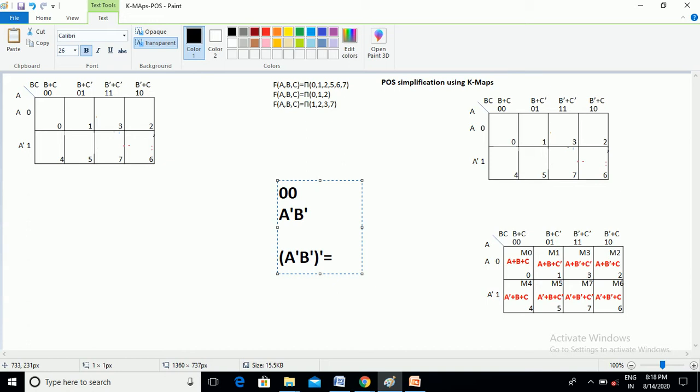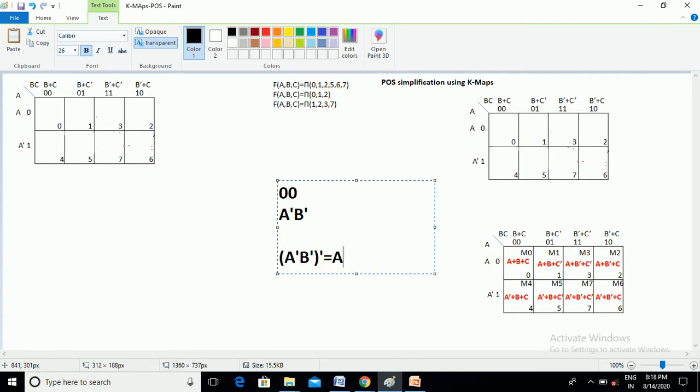So how can we apply De Morgan's law? Here the term value 0 0, term 1 in min term combination, the value is a dash b dash. Apply the inversion for that. Then what could happen? After you apply De Morgan's law, here it is an AND gate.